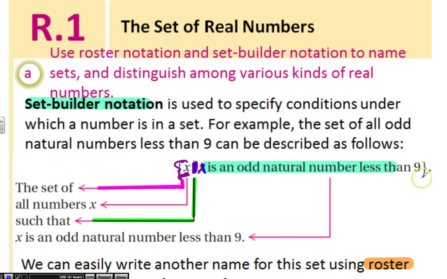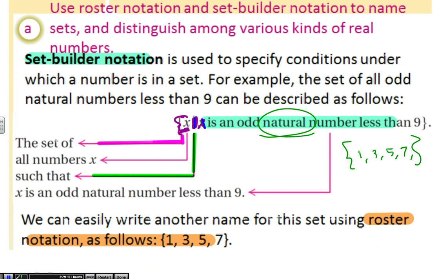Well, again, they have to be natural numbers, so we can't choose like -3 because your 5-year-old brother wouldn't naturally count -3. So we're starting at 1, 3, 5, 7, and then we have to think, is 9 less than 9? And I don't think it is. And so here's your set notation.